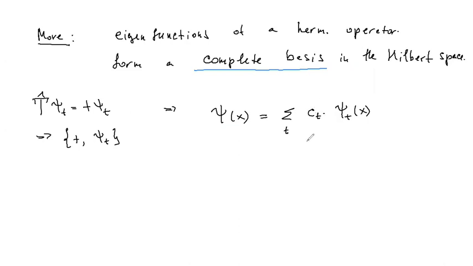So you look at this as a basis, and this would be coordinates. Remember how you break a vector into components. So this would be a component of vector psi, or maybe just function psi, and this would be my basis vector or state. So I can present any vector, any function, as a linear superposition of this basis.